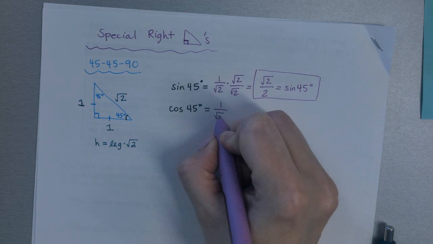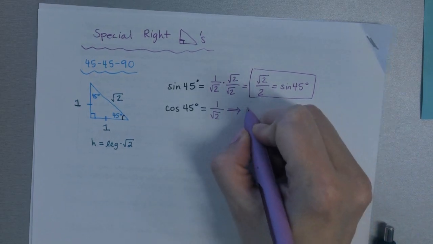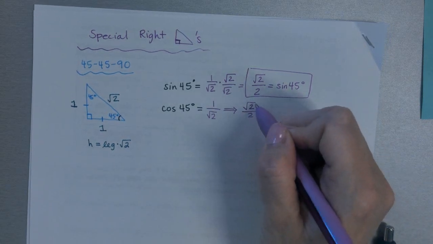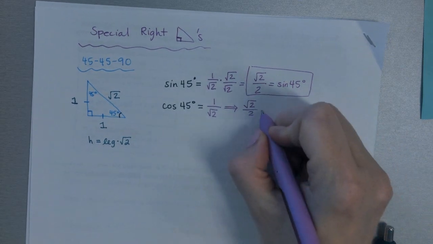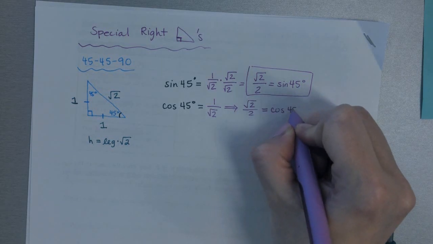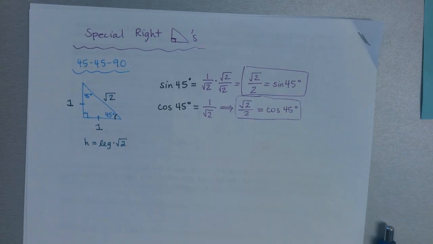The hypotenuse is still root 2. So if I were to simplify, and you guys are going to get very good at just knowing, if it's 1 over root 2, that's going to simplify to root 2 over 2, and that is the cosine of 45 degrees. And yes, they are the same for a 45, 45, 90 triangle.